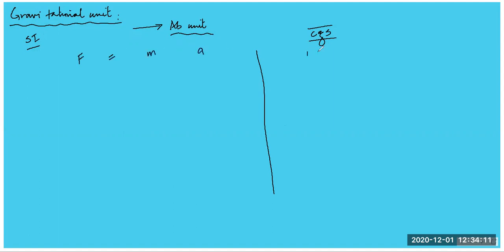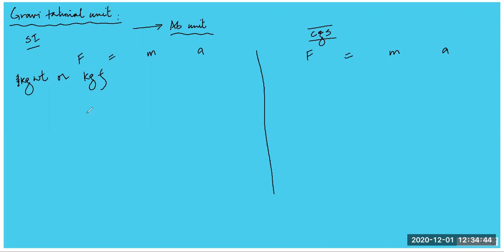Here also I'll say F is equal to ma. Now, students, the SI system defines the gravitational unit of force as kilogram weight, also known as kilogram force.